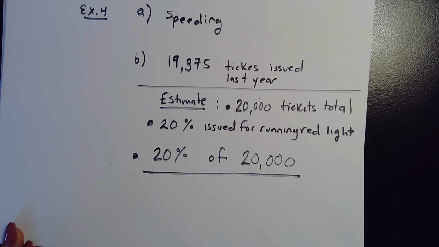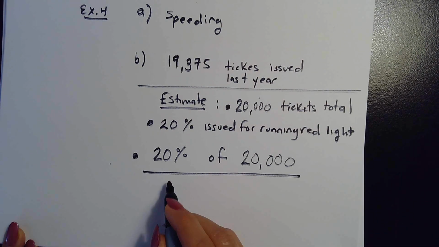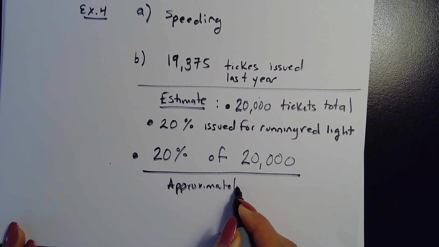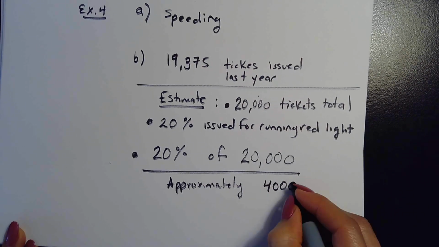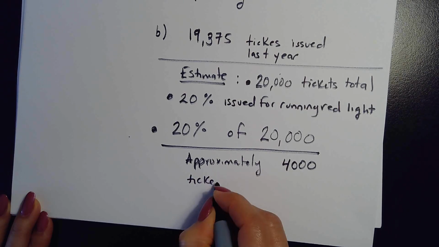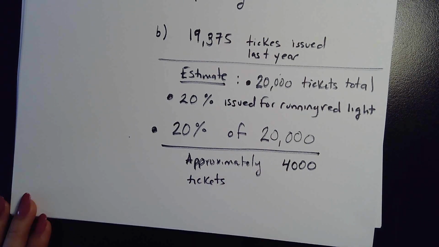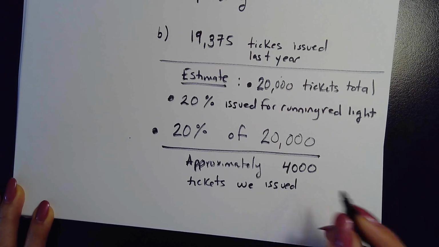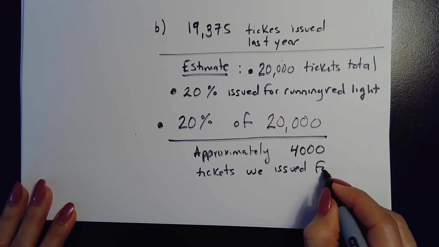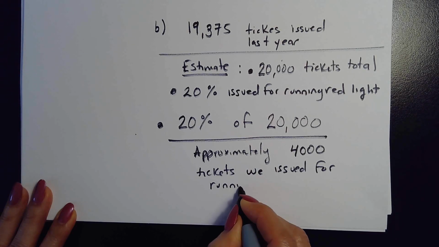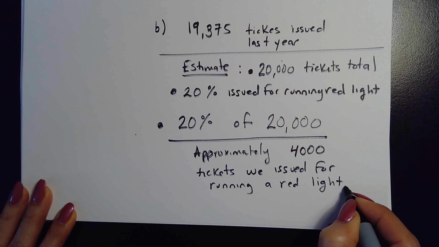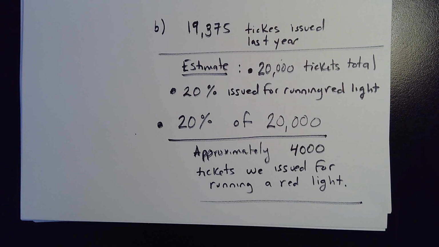And you can say that approximately 4,000 tickets were issued for running a red light. Okay, approximately 4,000 tickets were issued for running a red light.